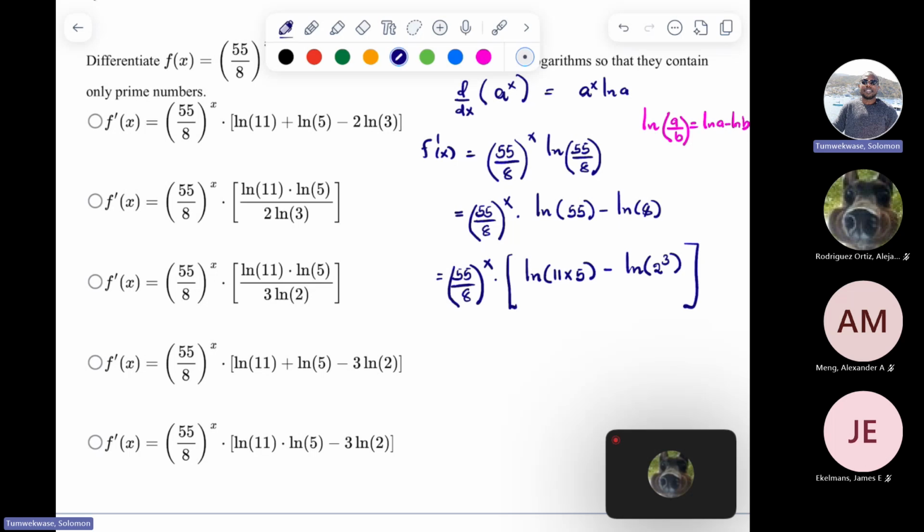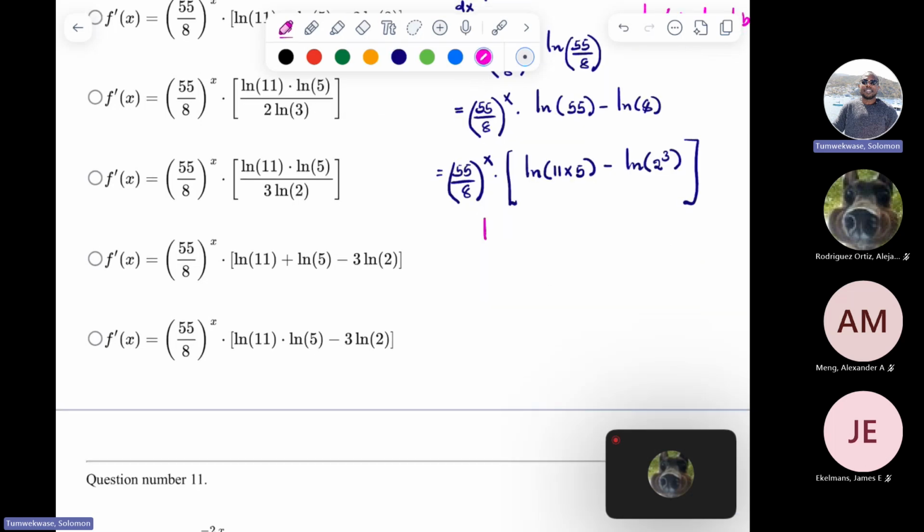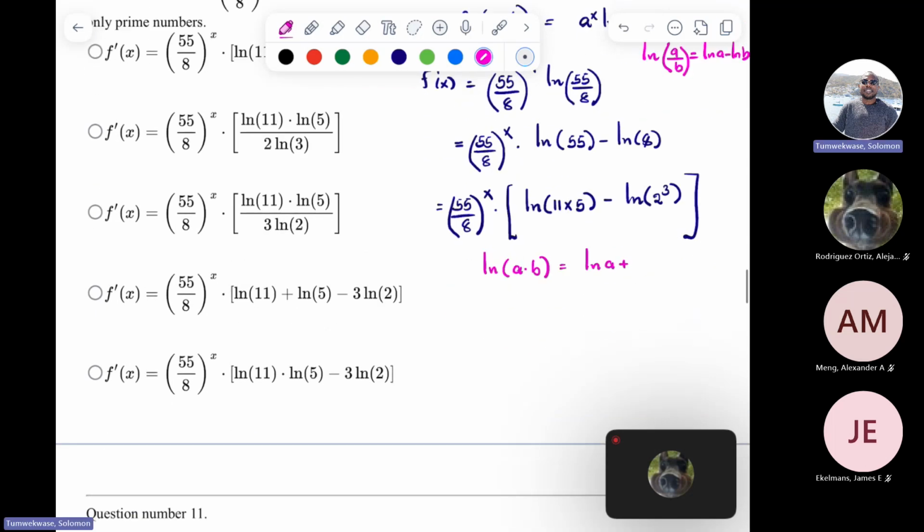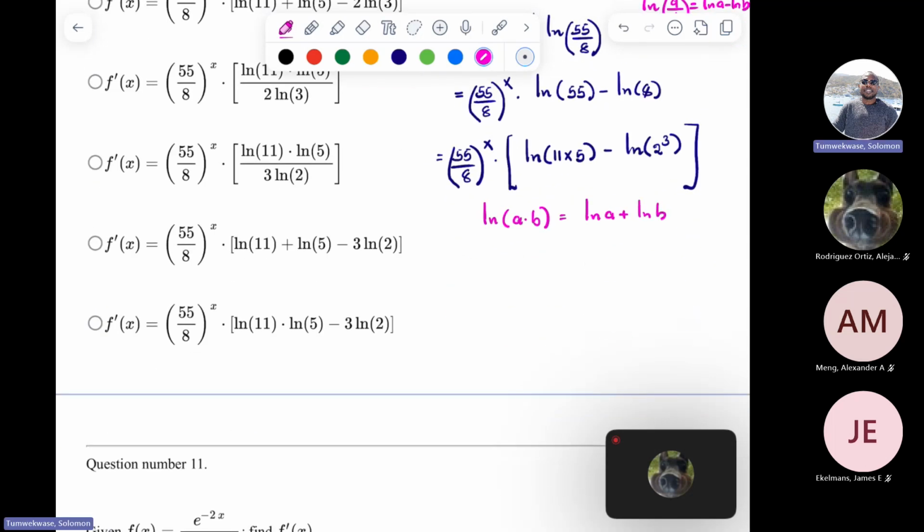Something like that. Okay, once again, whenever I have natural log or any logarithm of a times b, this is the same as natural log of a plus natural log of b. And whenever I have natural log or any logarithm of a to the power b, then this is b natural log of a. So this b will drop right here.